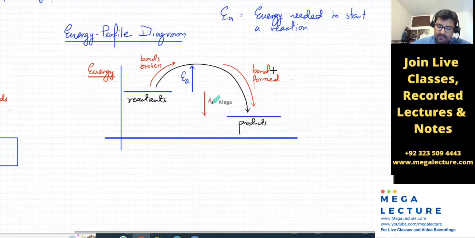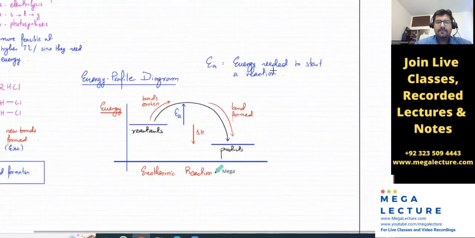So that's your overall delta H. And in this case, this one is for an exothermic reaction. Okay. Is this clear? This one?